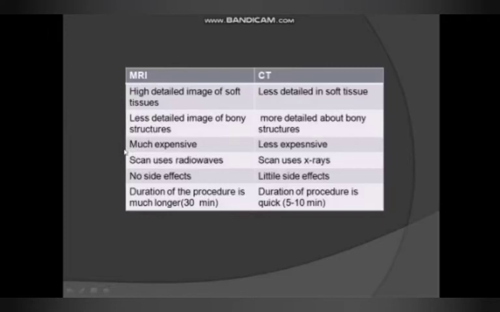MRI is much more expensive than CT and uses radio waves rather than ionizing radiation. So MRI has no side effects, while CT has a little side effect. The duration of the procedure is much longer in MRI than CT, about 30 minutes, while in CT the duration is about 5 to 10 minutes.